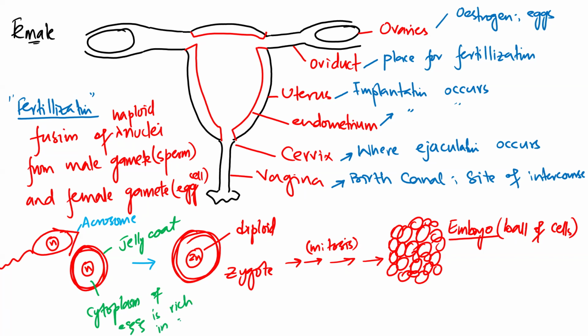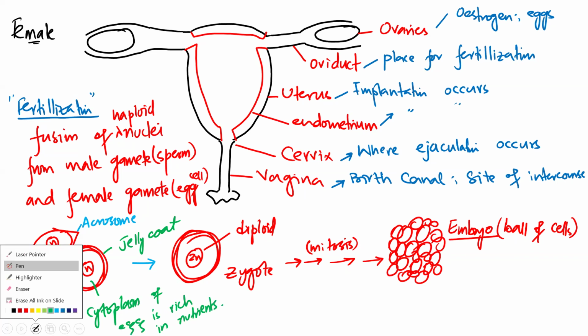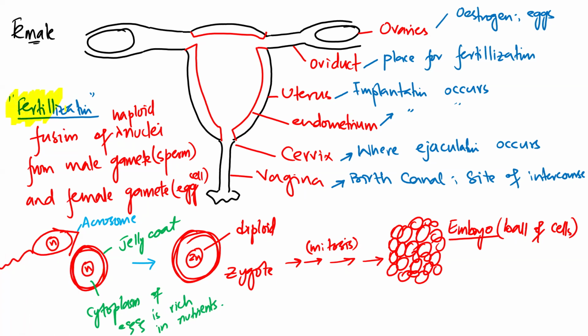Nutrients. That's why sperm sends its nucleus into the egg. Otherwise, egg could have sent its nucleus into that. You see the sperm's nucleus comes into it. So this fusion of haploid nuclei is called what? Fertilization. Fusion of haploid nuclei from sperm and egg is called fertilization.